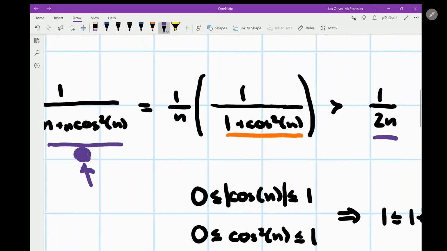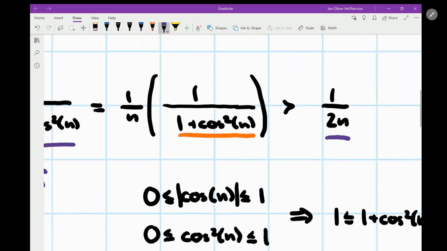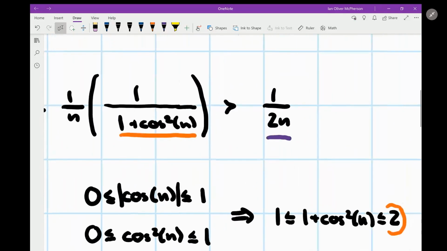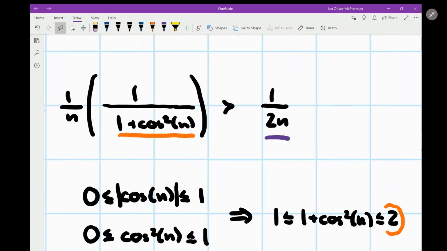So we want to show that it is greater than 1 over n times some scalar. Because we know that 1 plus cosine squared n is bounded by 1 and 2, we just want to take the largest possible denominator, and that would be 2. So that's why this would be greater than 1 over 2n.